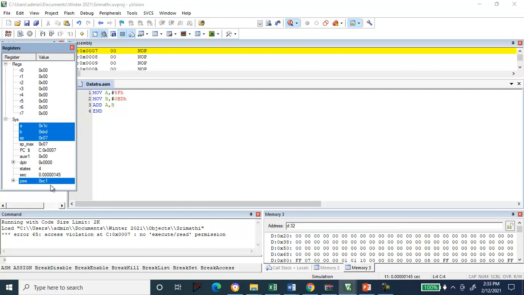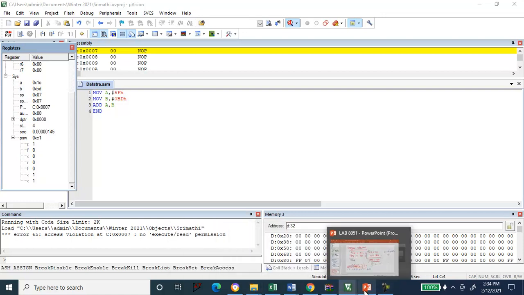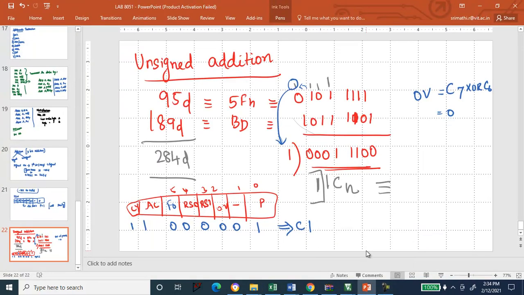See, the program status word is having C1. If I need to expand it, I can see this. This is 1100 and 0001 is 1. So this is your addition of two unsigned numbers.